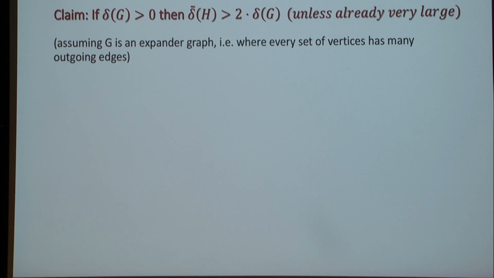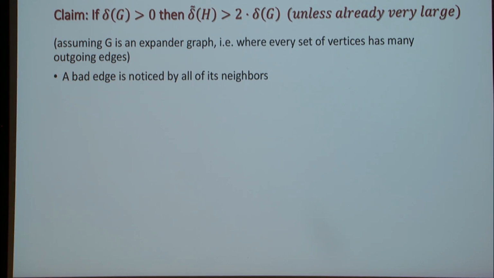Okay, so I want to say that if delta of G was something, then delta of H is double. And for this, I need that G is an expander graph. Again, this is a graph where every set of vertices has many edges going out. So notice that now if you have a bad edge, all of the neighbors will notice it.